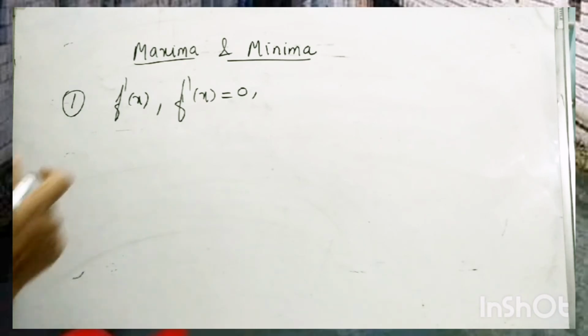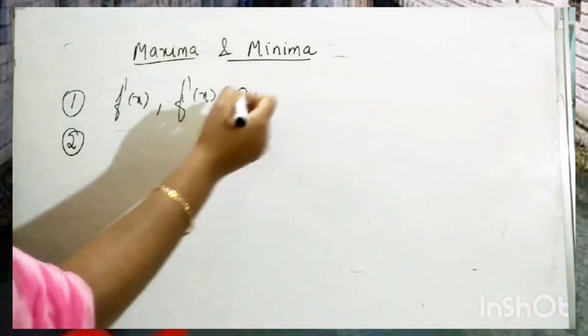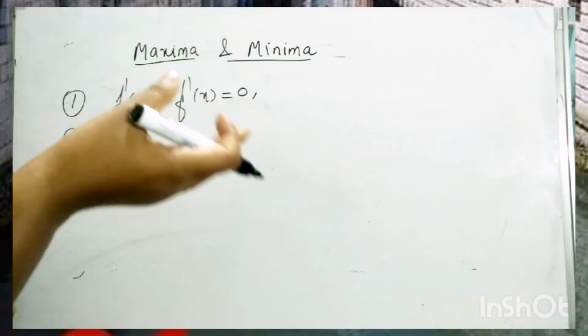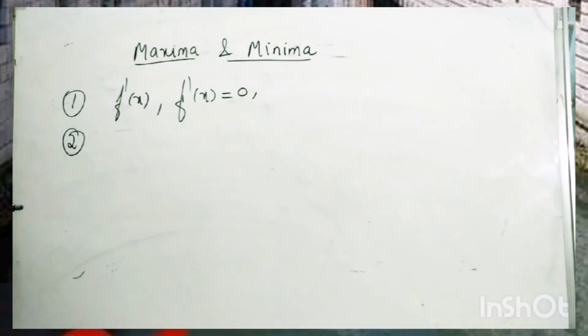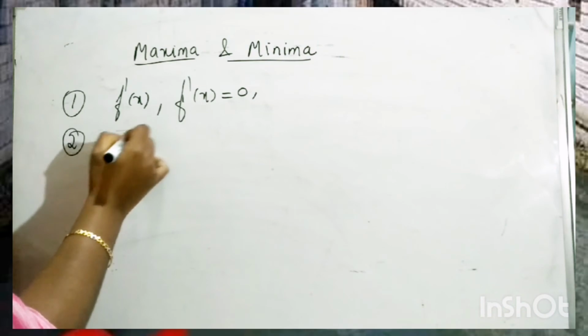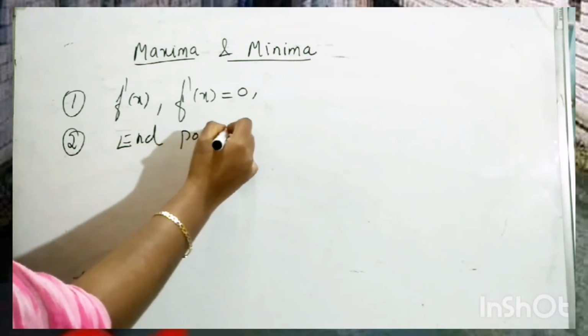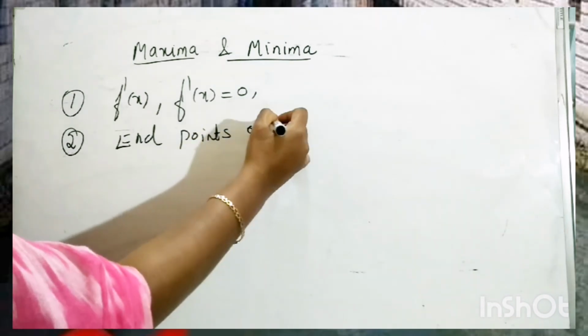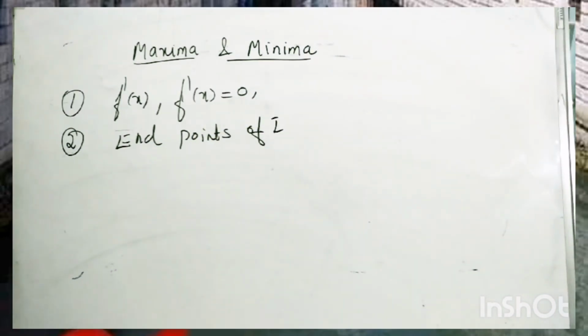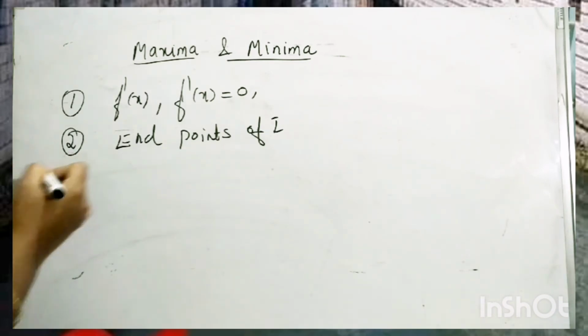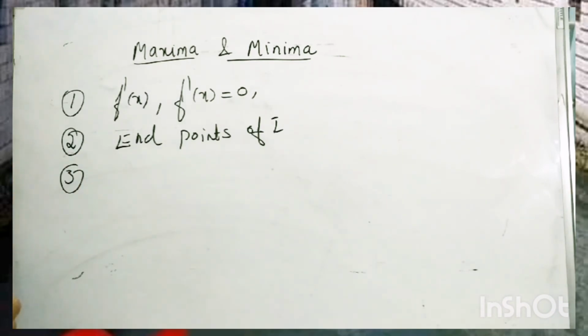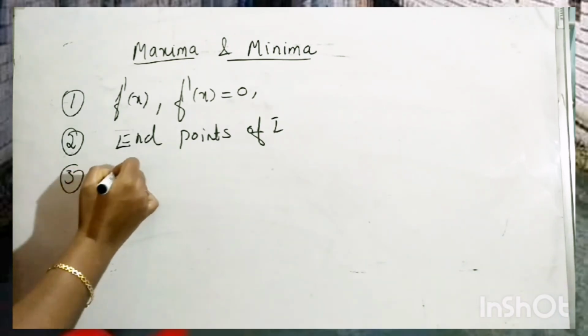Now the second step: to find the absolute maximum and absolute minimum value in a closed interval, we need to take the endpoints of our interval. Now the third step: at all the critical points and the endpoints of the interval, calculate the values of f.